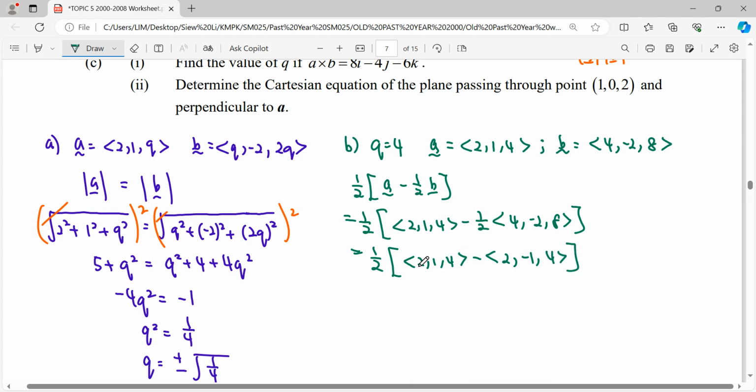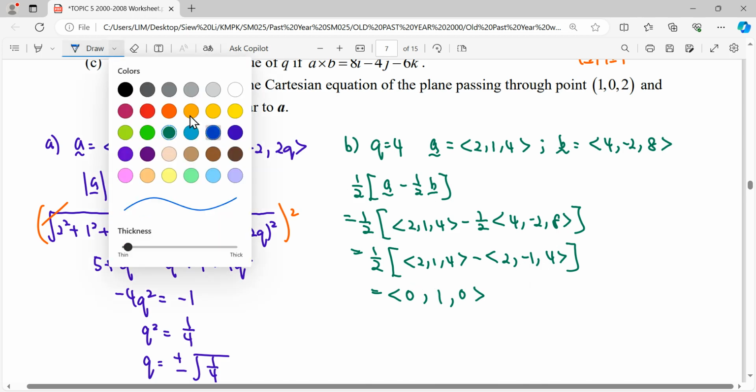Then we simplify. 2 minus 2 is 0. Here 1 plus 1 is 2, 2 over 2 is 1. And 4 minus 4 is 0. So this vector is 1j.